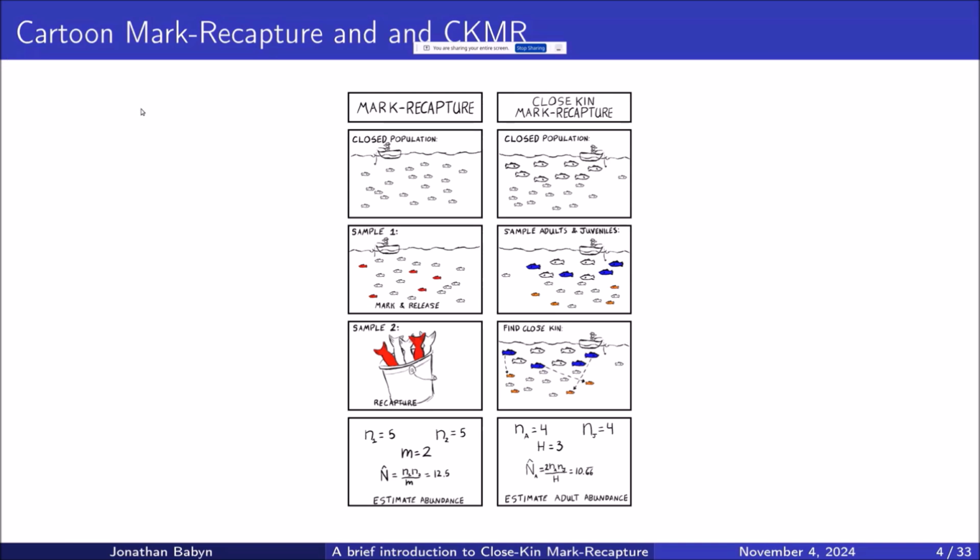In the simplest case of Mark-Recapture, we have a closed population. Say we have a lake of fish like here, and we want to find out the abundance of fish in the lake. So we take a sample and we mark the ones that we sampled in some way, and we release them back into the population.